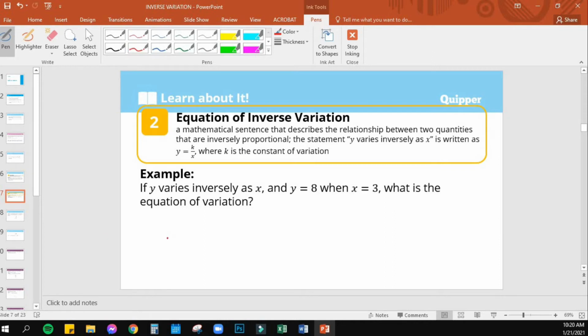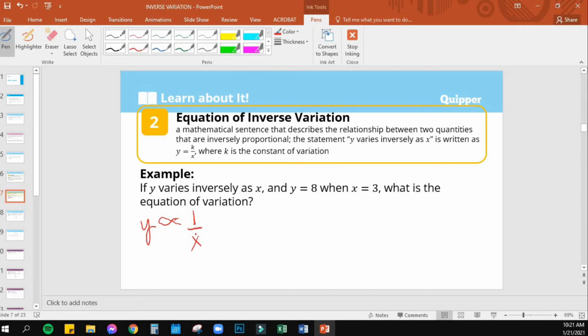Pero pwede ko namang ibigay sa inyo yung isa pang equation. So the term is that y varies inversely as x. So in symbol, it is written as y varies inversely as x. So y symbol tapos 1 over x. That is the symbol for inverse variation.